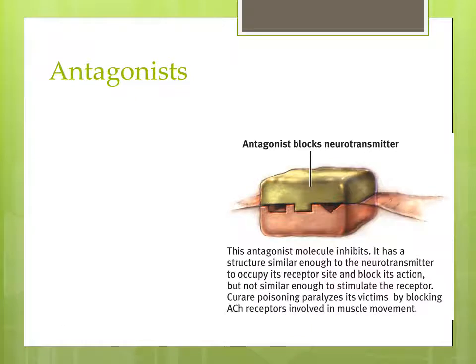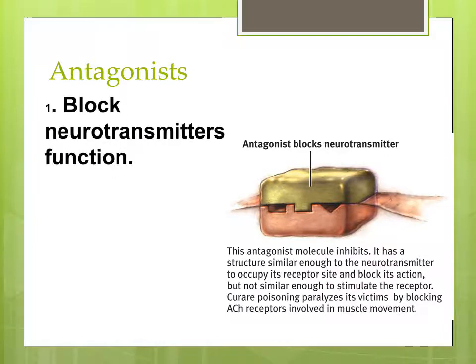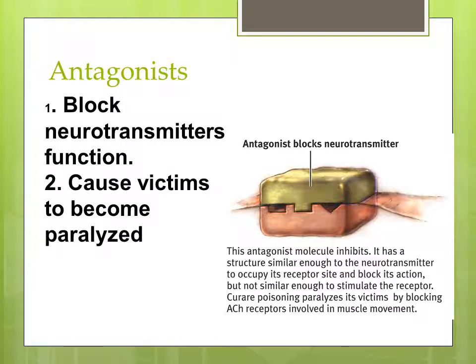Antagonist, okay, they're antagonizing you, they're being mean to you, they're blocking you. That's the drug that blocks the neurotransmitter from entering, and it can cause the victim to become paralyzed, can cause harm to them. This antagonist molecule inhibits.